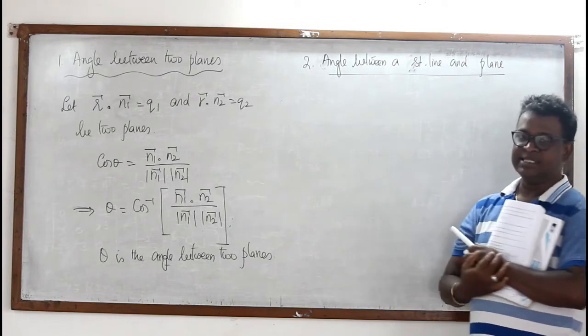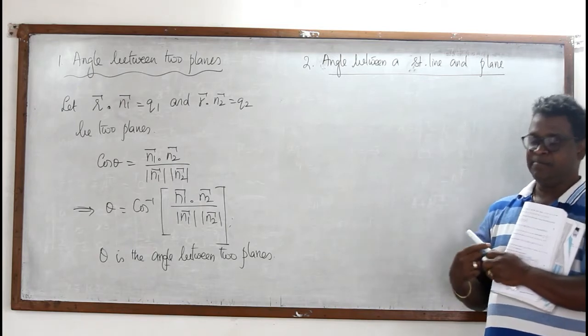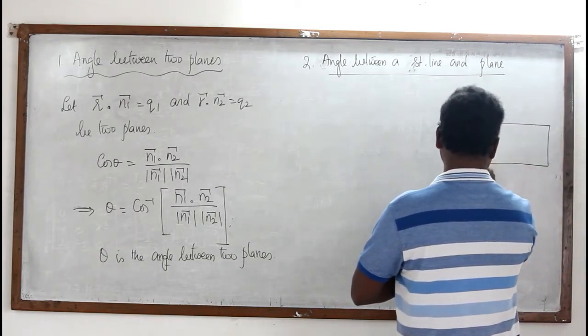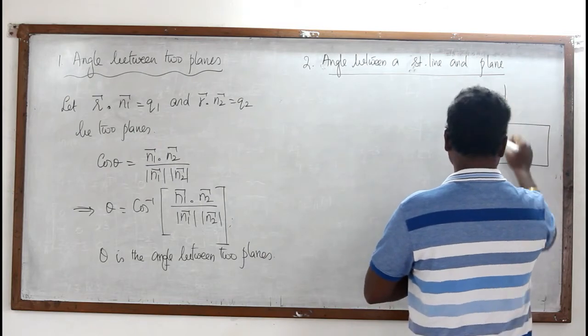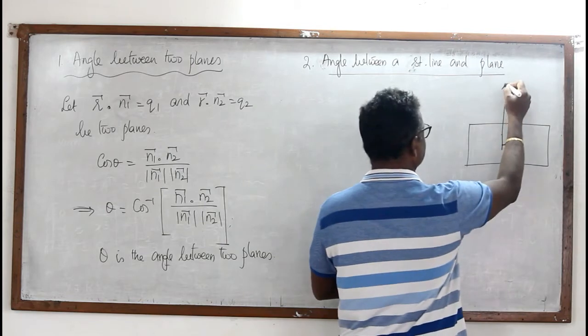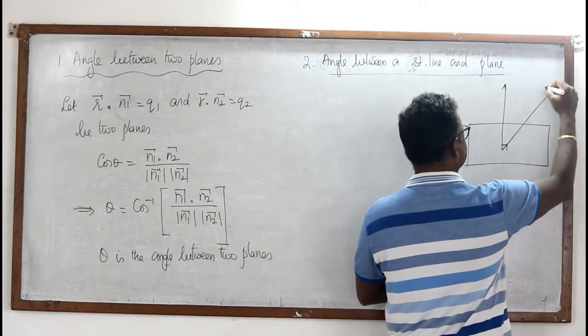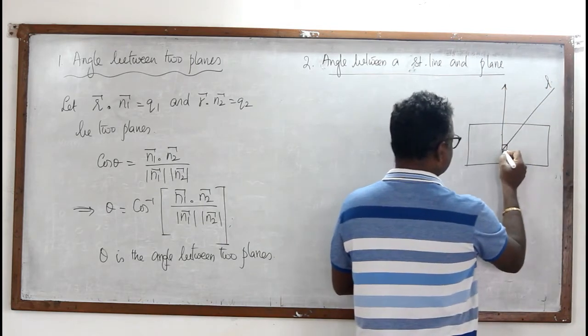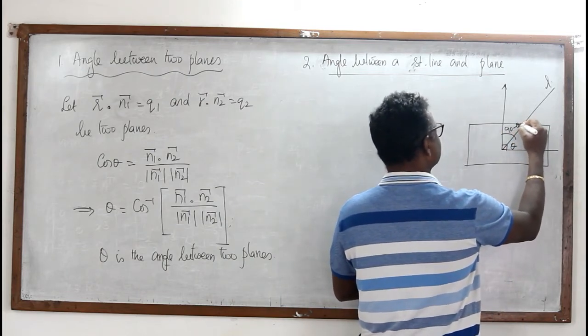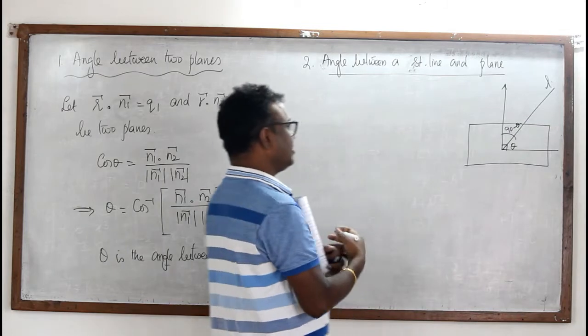Now the third one is the angle between a line and a plane. Listen here, this is something different, because if I have a plane and this is the normal vector perpendicular to this plane, and a line intersects it, then if this is theta, this angle is 90 minus theta. Therefore, that is the positive angle.